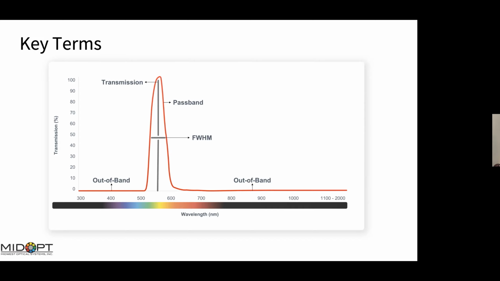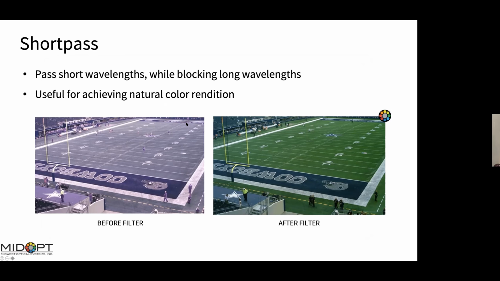So short pass filters help to pass shorter ones and block longer wavelengths. These are also called IR cut filters, if you're familiar with that. They're typically included on color cameras, but lots of times in machine vision systems, they're removed or not included and you have to supply your own.